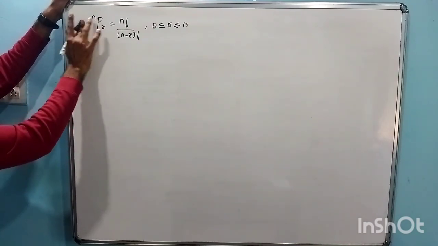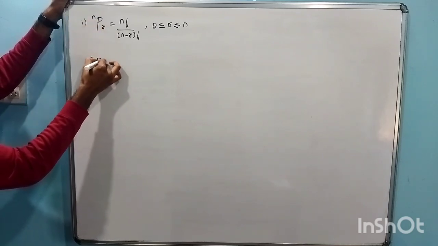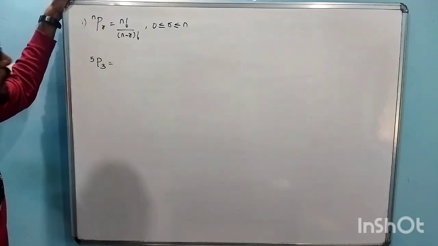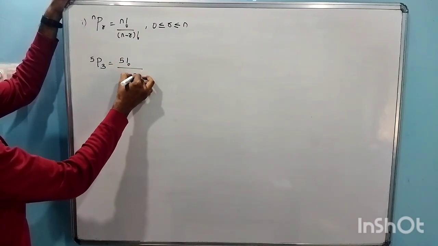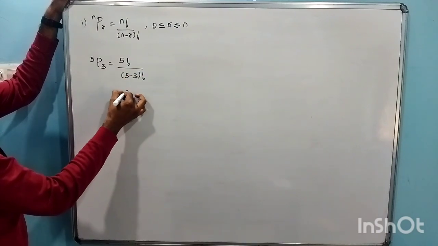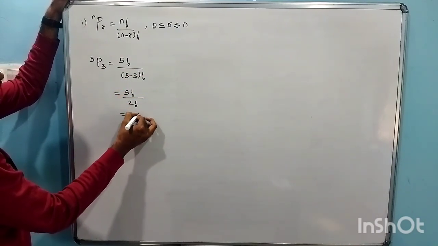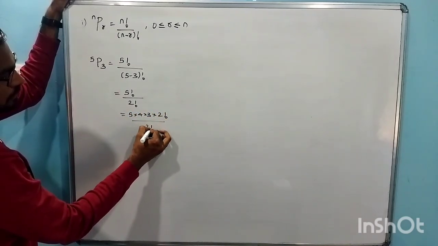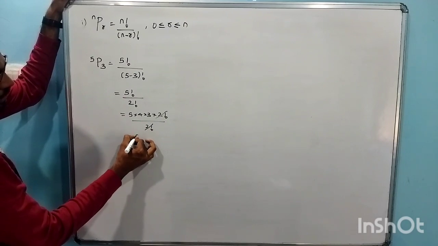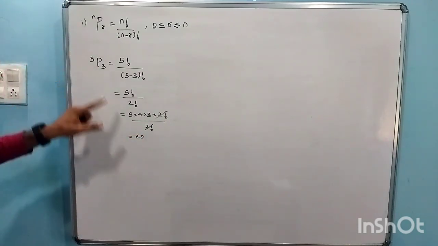Okay, from this, first tell me what is 5P3. 5P3 will be 5 factorial upon 5 minus 3 factorial, which is 5 factorial upon 2 factorial, which is 5, 4, 3, 2 factorial upon 2 factorial. So this we can cut. So 5 into 4 into 3, so 60. Okay, so 5P3 is 60.